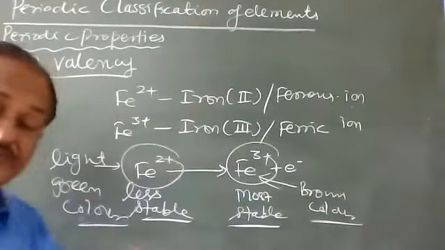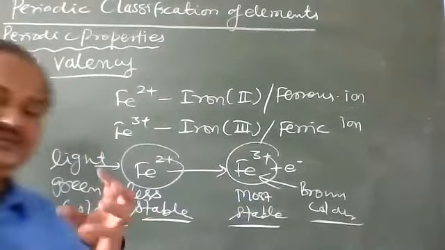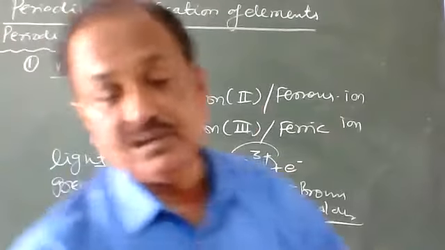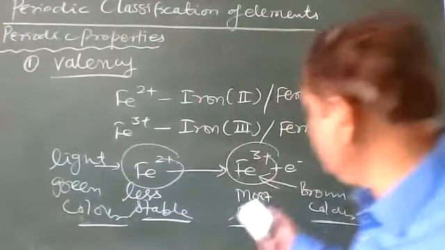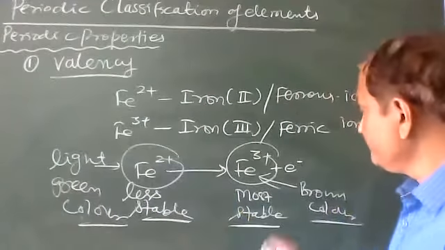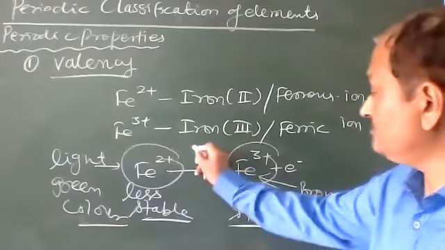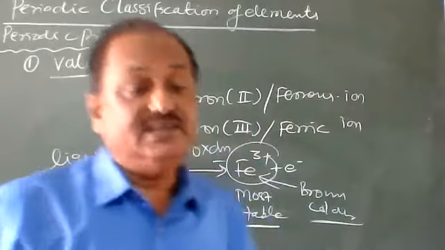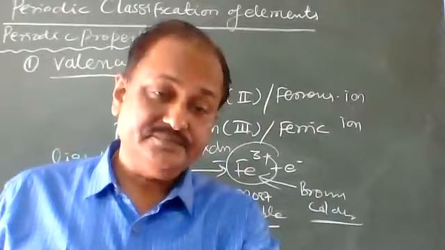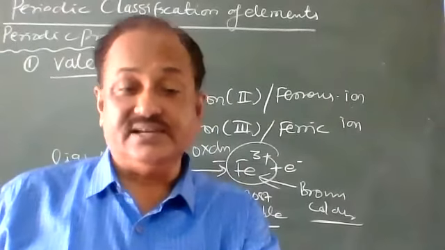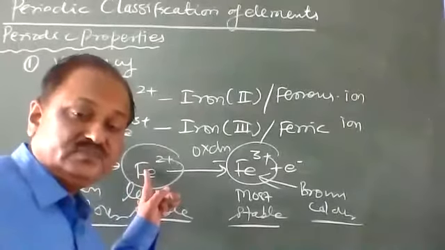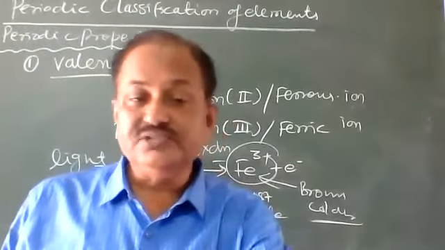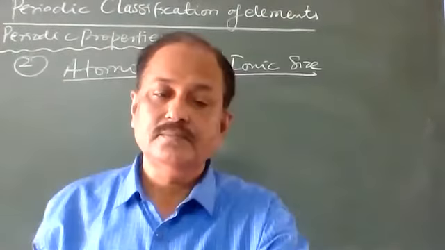When we cut a fresh apple, it is whitish or very light greenish in color, but as soon as we keep it, it becomes brown. This is due to the conversion, which is actually oxidation, the loss of electron. Oxidation and reduction are an integral part of chemistry, because there is always oxidation and reduction together. One has undergone oxidation, the other has undergone reduction. So one is oxidized, the other is reduced.